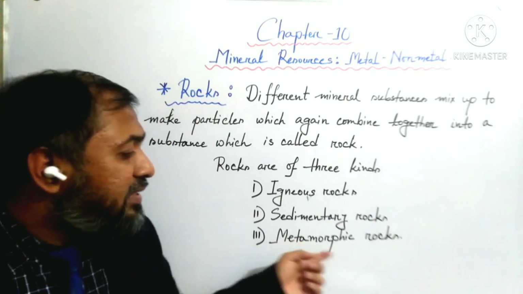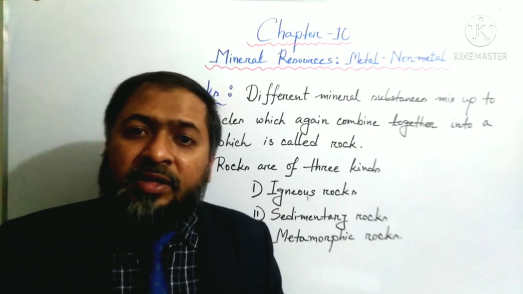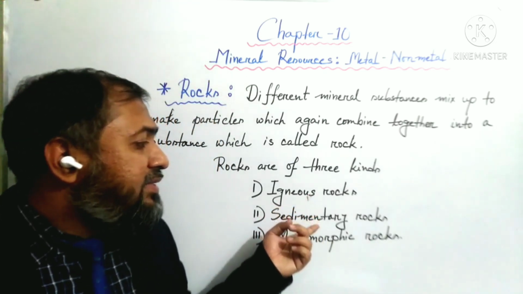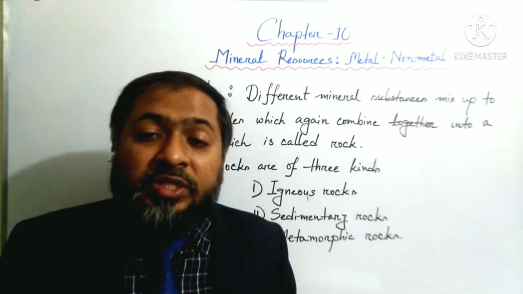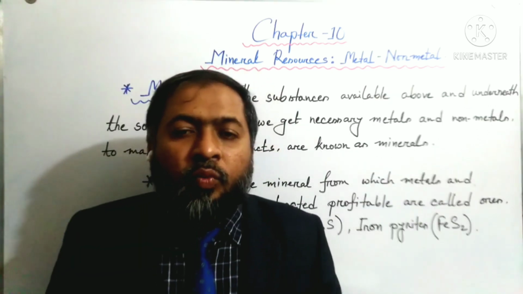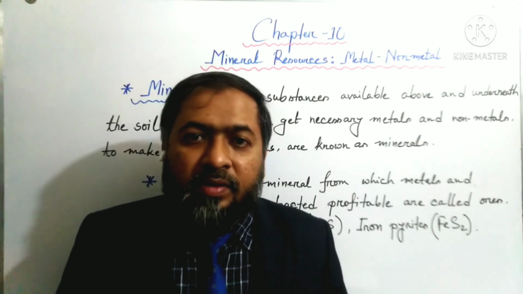Last but not least, metamorphic rock. At various different temperatures and pressures, igneous rock and sedimentary rock turn into a new kind of rock, which is known as metamorphic rock.